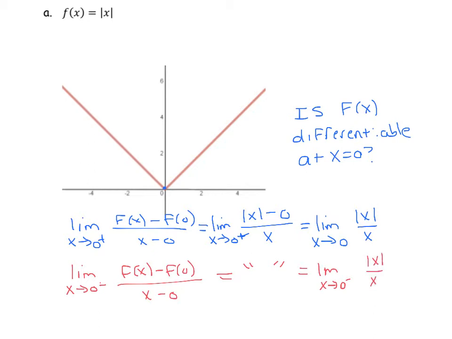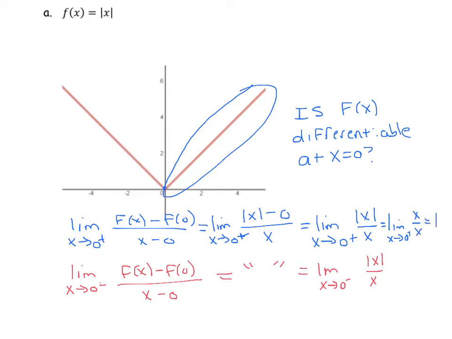So how do we actually evaluate these limits? Well, we can't plug in 0. One thing you could do is to notice that when you're approaching 0 from the right-hand side, the absolute value of x graph is really just the same as x. Here's the right-hand side of the absolute value graph, and that is just the same as the function x. So it's the limit as x goes to 0 from the right of x over x, but that's just 1.